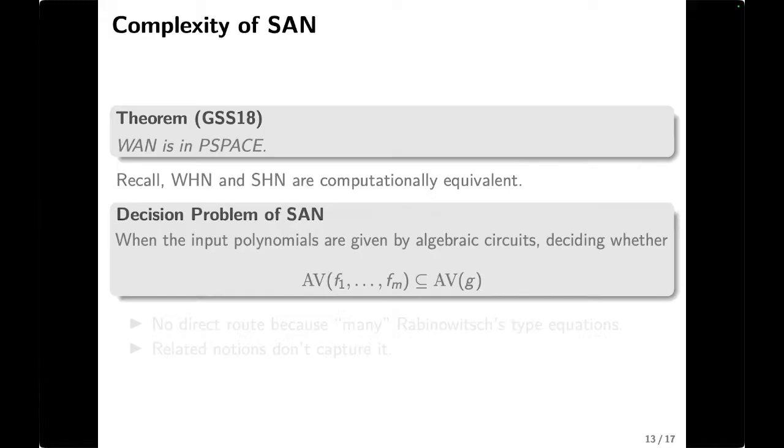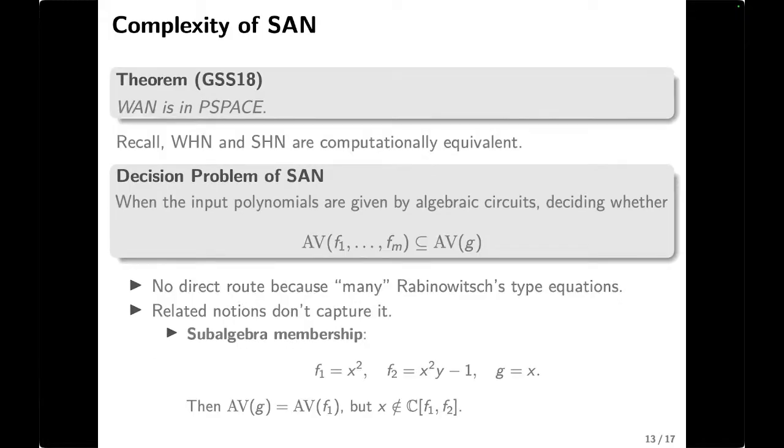Now again, formally the decision problem is that when you have input polynomials given as algebraic circuits, can you decide whether the approximative variety of g contains the approximative variety of f_1 to f_m? And we have many Rabinowitsch tricks, so we can't directly say that this is equivalent.